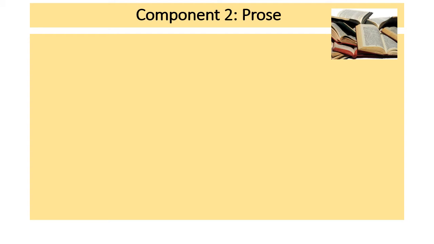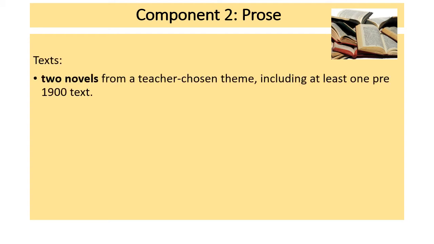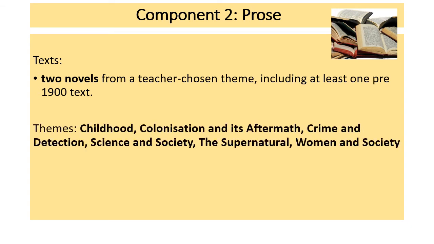Component 2 is prose. So you will study 2 novels from a teacher-chosen theme, including at least 1 pre-1900 text. The themes on the EdExcel course are childhood, colonisation and its aftermath, crime and detection, science and society, the supernatural, and women and society.